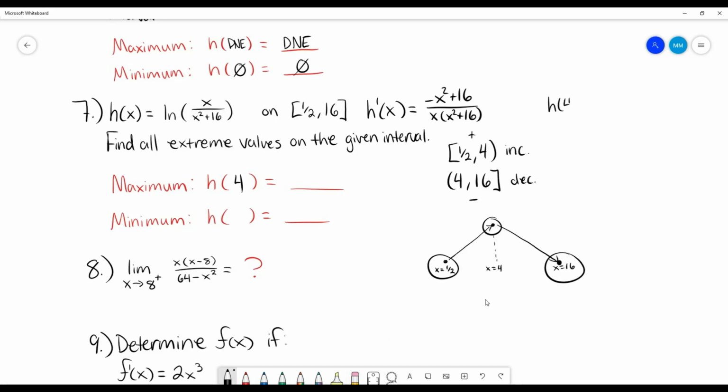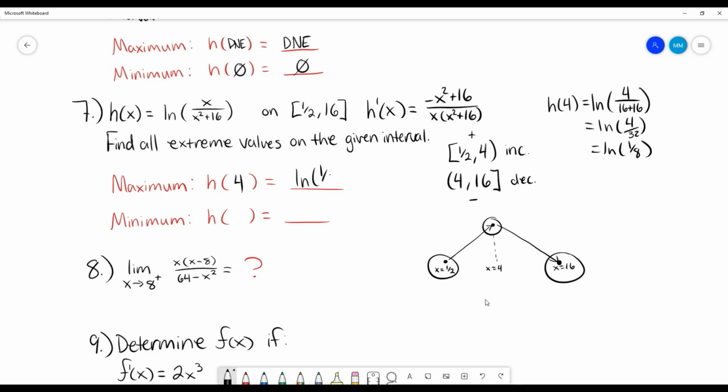So h of 4 is going to be natural log of 4 over 16 plus 16, right? Which is just natural log of 4 over 32. Again, natural log of 1 over 8.